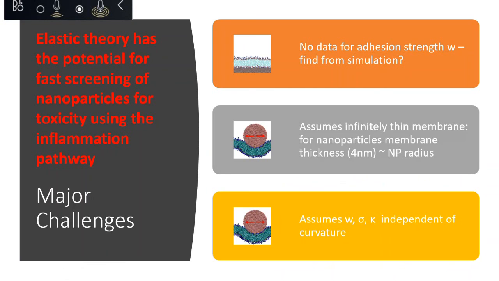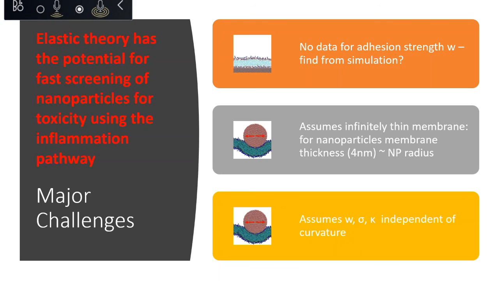So elastic theory has the potential for fast screening of nanoparticles for toxicity using the inflammation pathway. That is, the molecular event is getting in, and then subsequently disruption of the autolysosome and release of inflammatory agents. What are the major challenges?